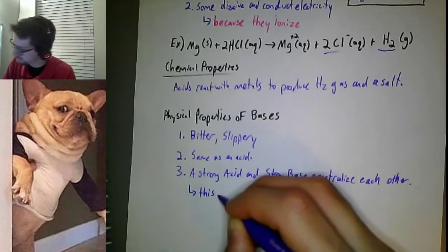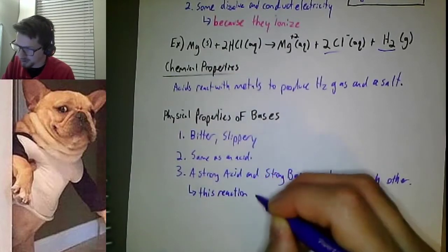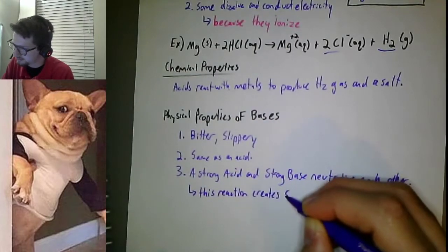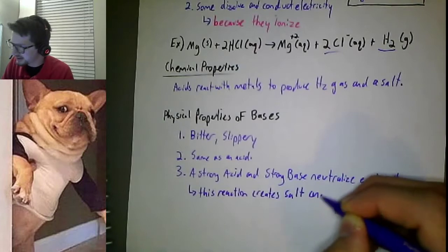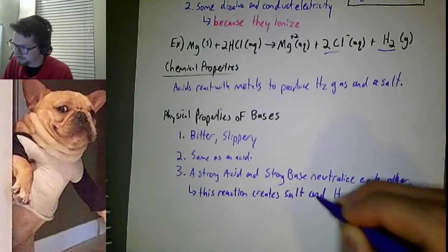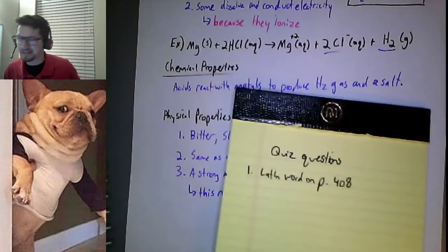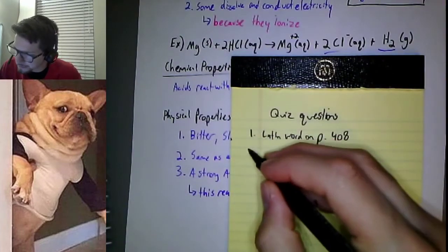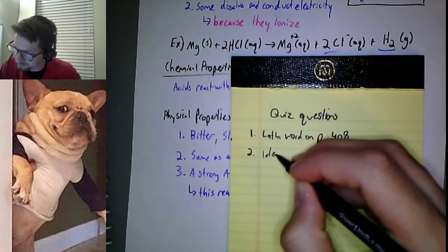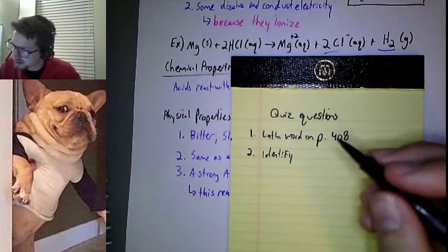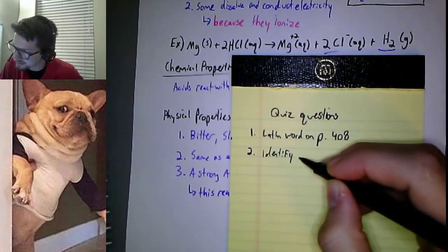This reaction creates salt and water. In other words, if I were to show you two different equations, one of them is producing gas and salt, and one of them is creating water and salt, you would need to know, hint, hint, you would need to know identifying whether it's an acidic or a basic reaction.